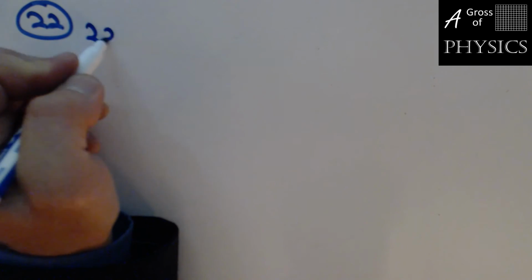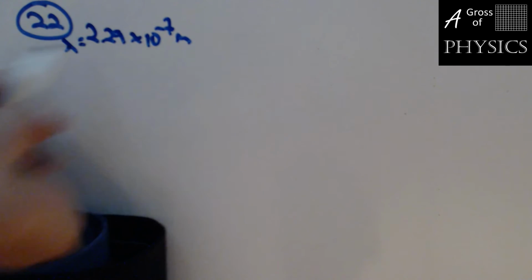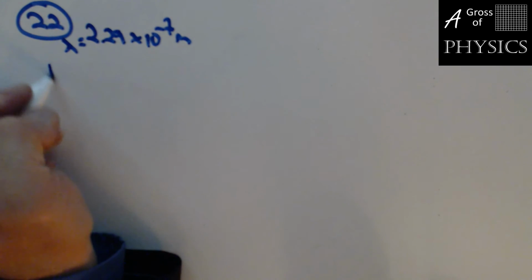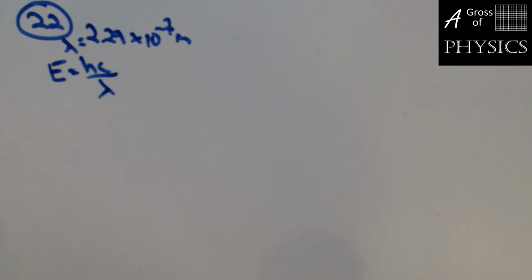We have a 2.29 times 10 to the -7 meter wavelength that strikes an electron in the mercury atom. So if we do the energy, that's going to be hc over lambda: 6.63e-34 times 3e8 divided by 2.29e-7.